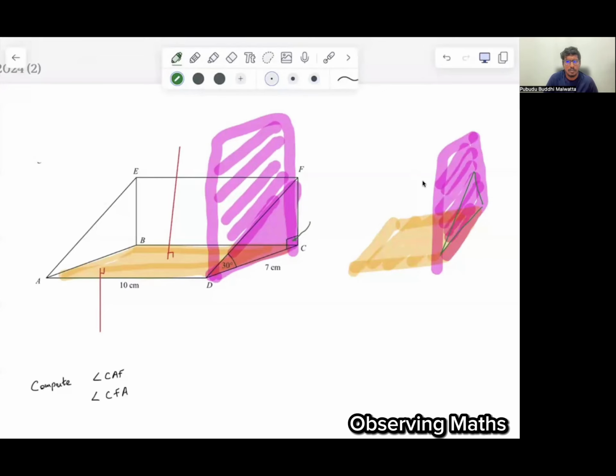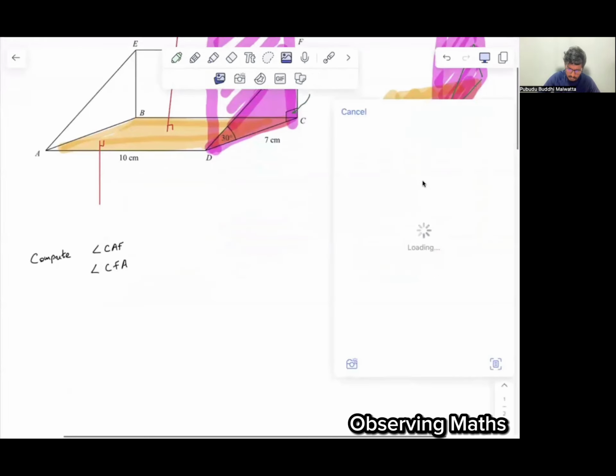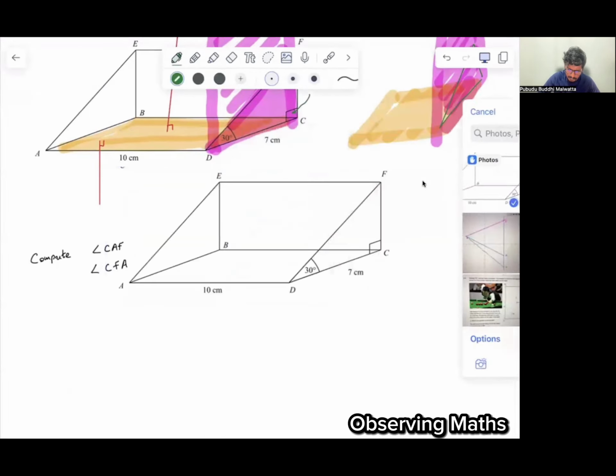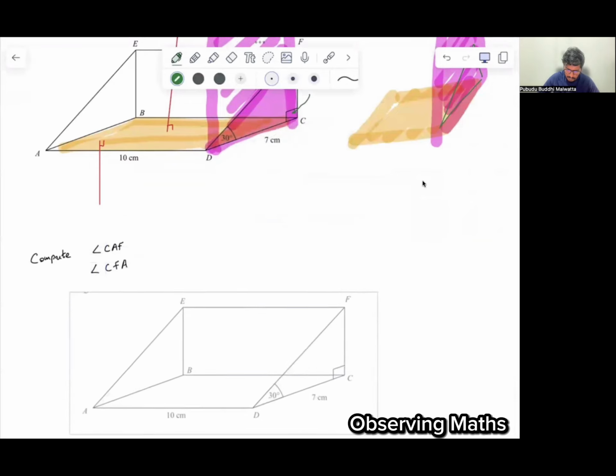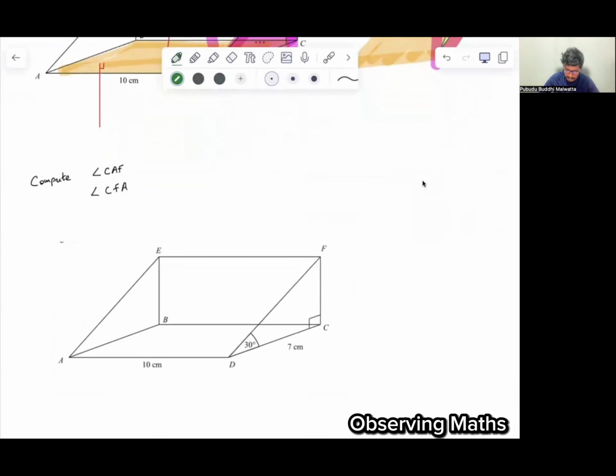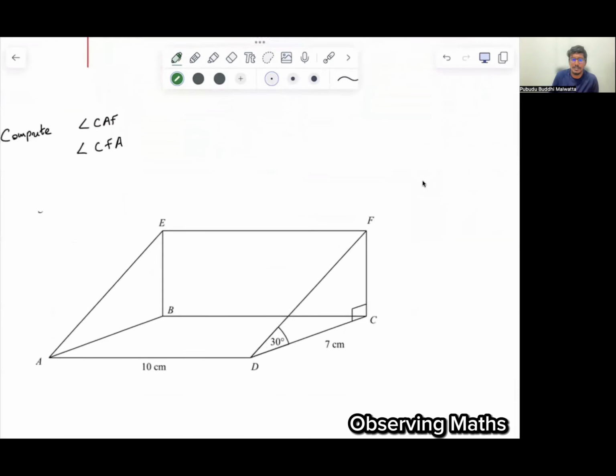Right. So to compute CAF, where's that angle? CAF and CFA. So to get that angle, I think we should think about a different triangle.